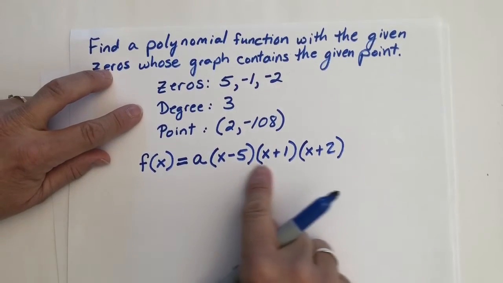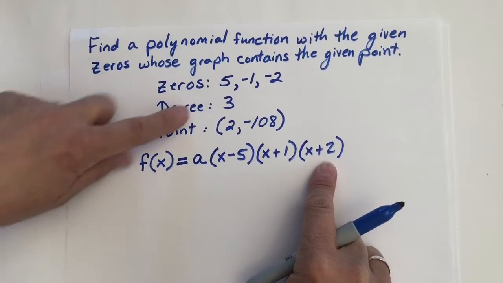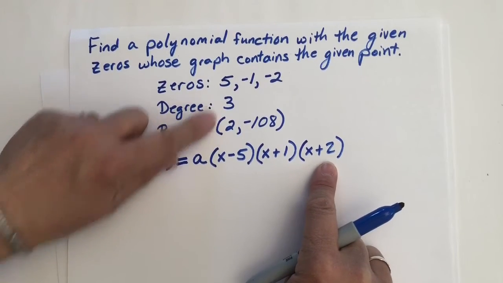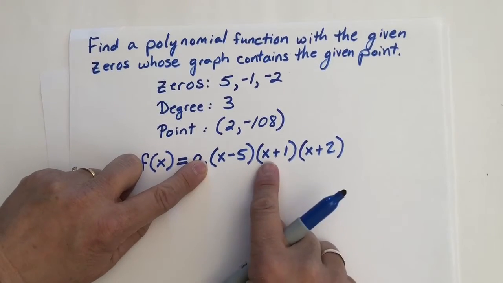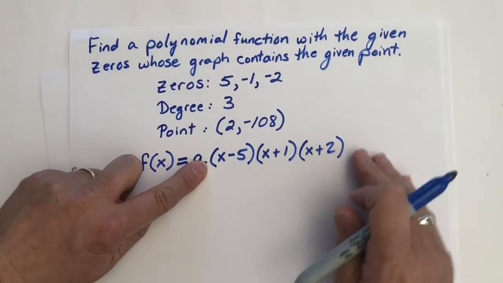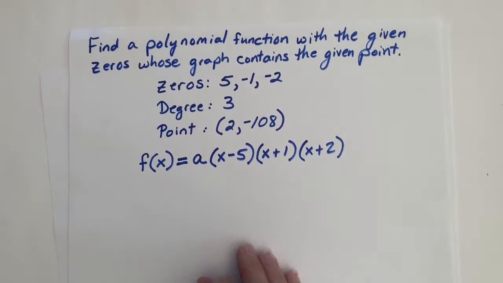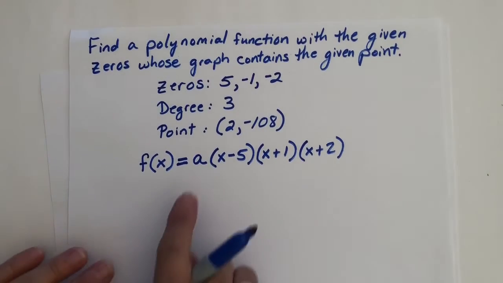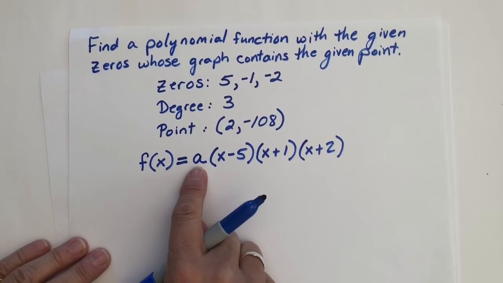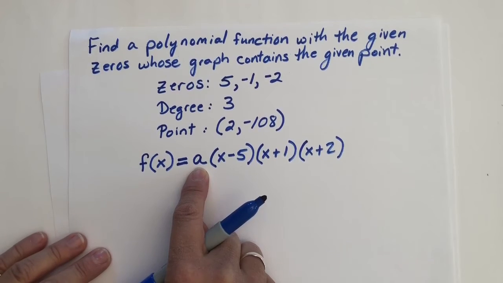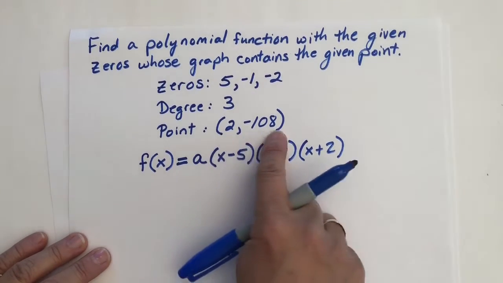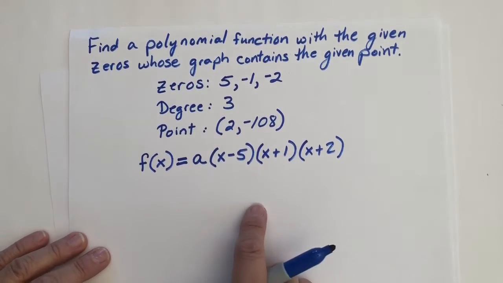We can't have any more factors than this, because it says this is third degree. This x times that x times that x would be x cubed, so there aren't any other unknown factors. But now here's what we're trying to find: this value a such that the polynomial will go through the point (2, -108).